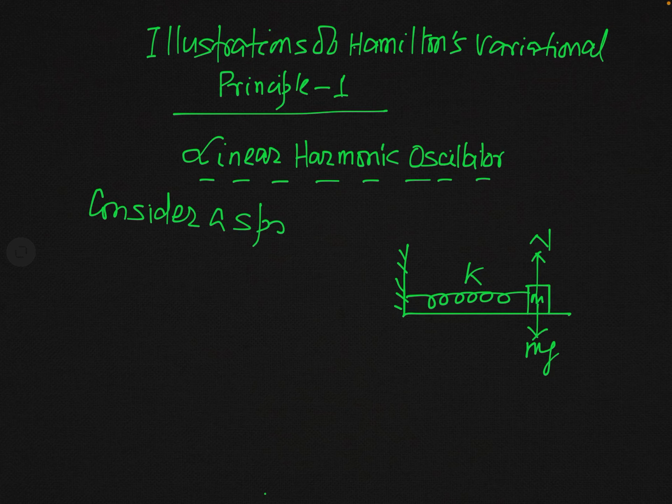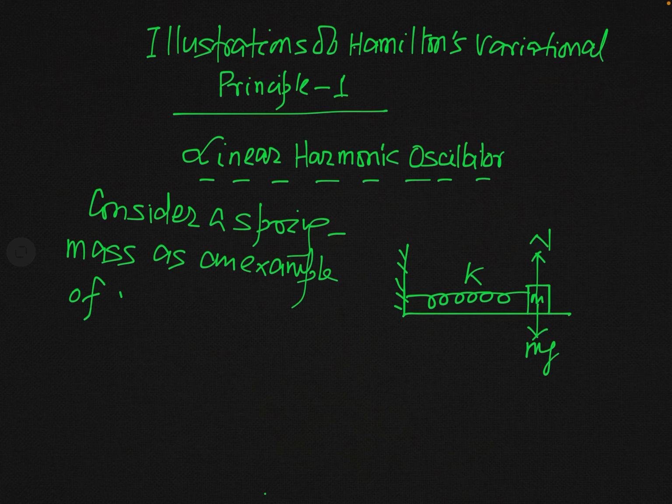So you can see that we consider a spring mass system as an example of a linear harmonic oscillator. In fact, this is a one-dimensional linear harmonic oscillator, and from its equilibrium position this mass is displaced by x, as I have told you.